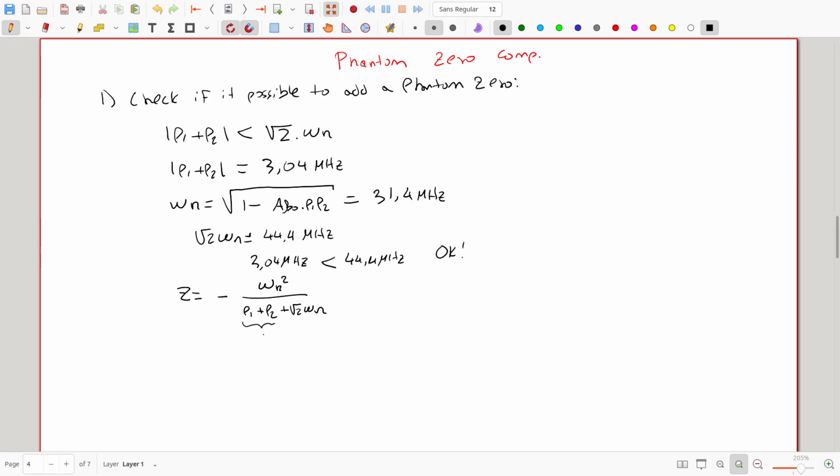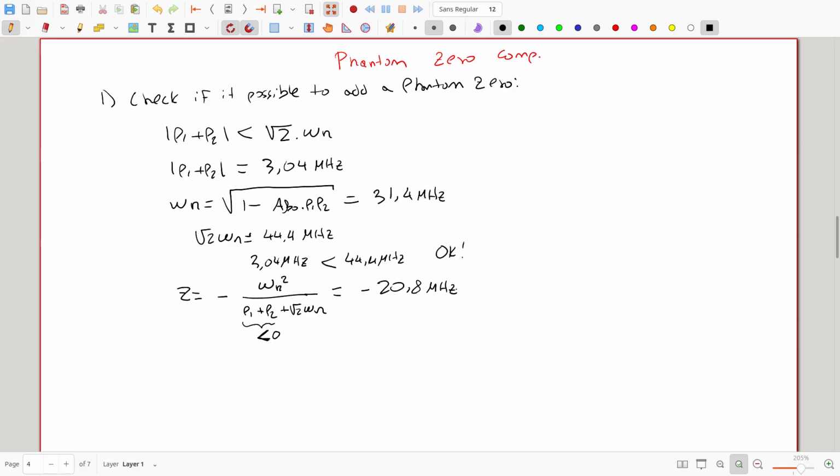P1 and P2 are negative, they are always below zero. So when I plug in these numbers, I will get a zero at minus 20.8 megahertz.